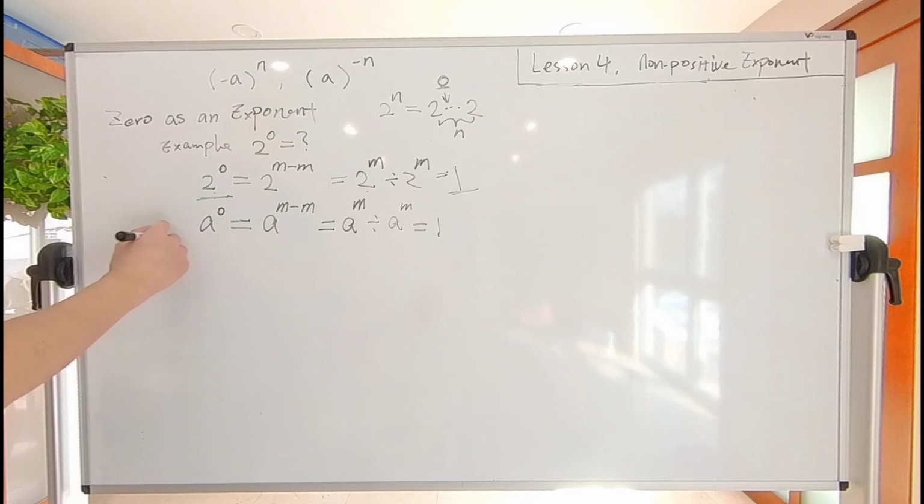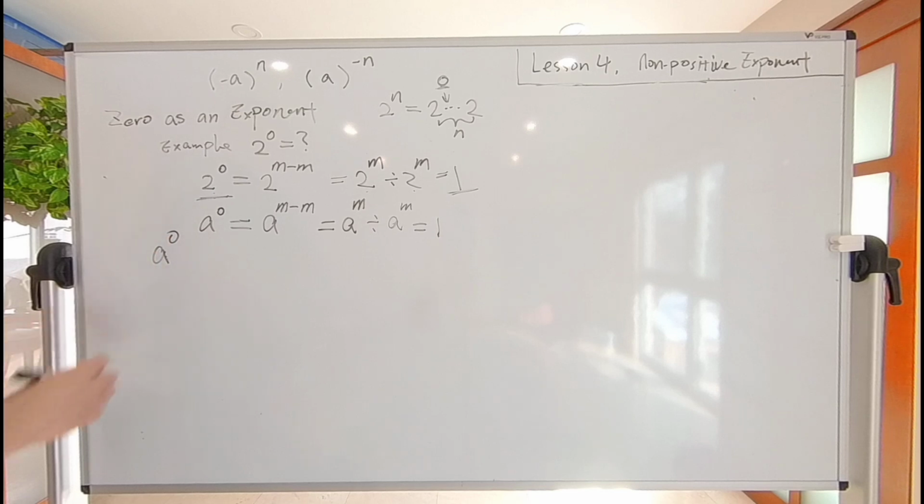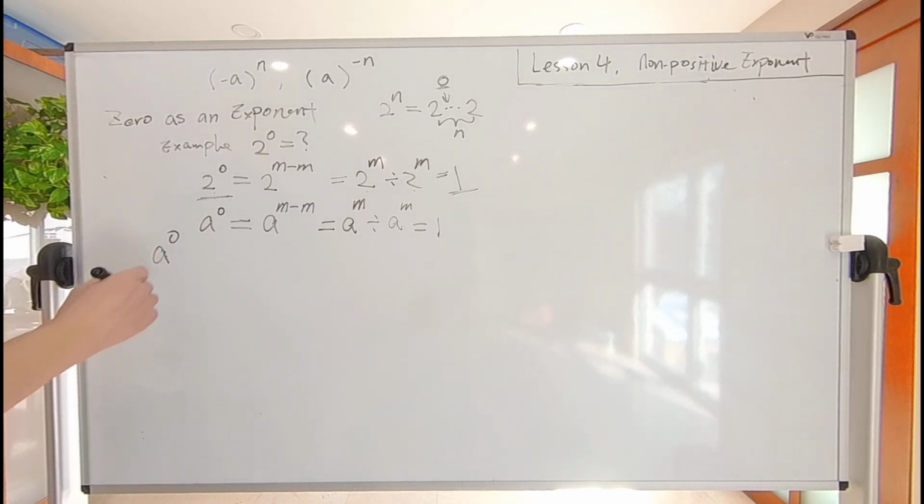So the conclusion is that for any number a, if you have a 0 as exponent, it always equals 1, no matter the base value of the number.